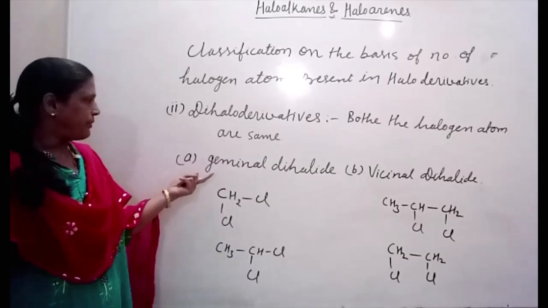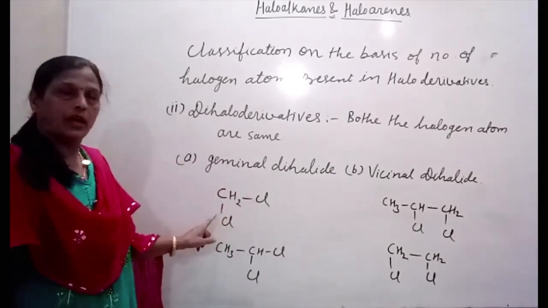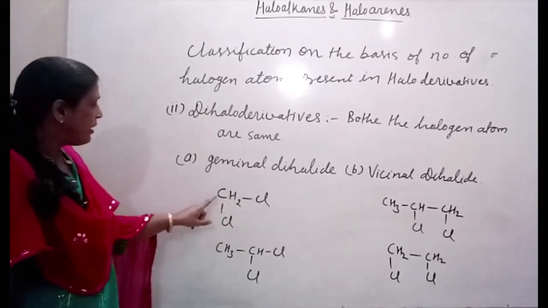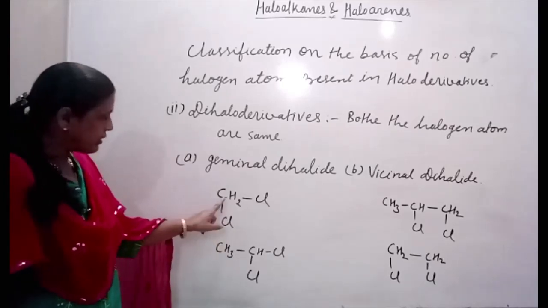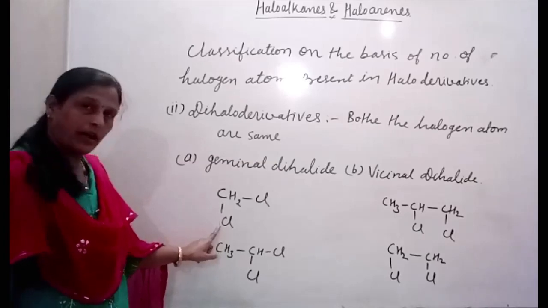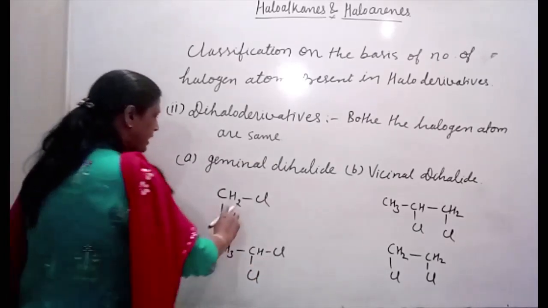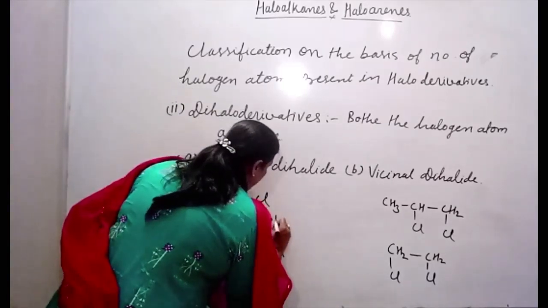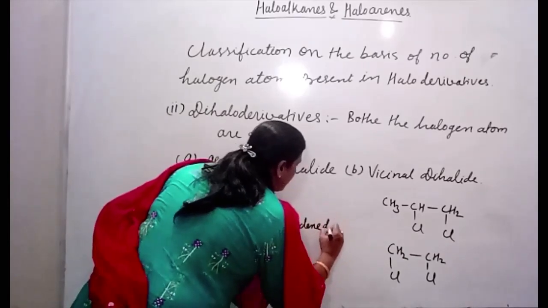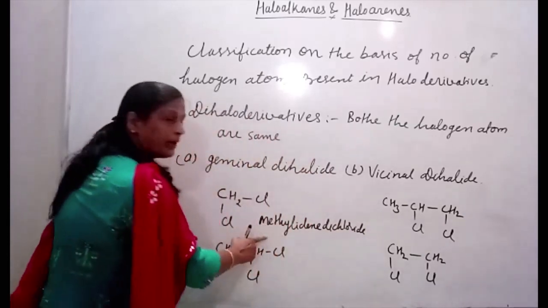You can see that if both the halogen atoms are directly attached to the same carbon atom, then this is known as geminal dihalide. Here these two chlorine atoms are attached to one carbon atom, so this is a geminal dichloride, and this is also a geminal dichloride. Its name is methylidene dichloride. It is its common name.